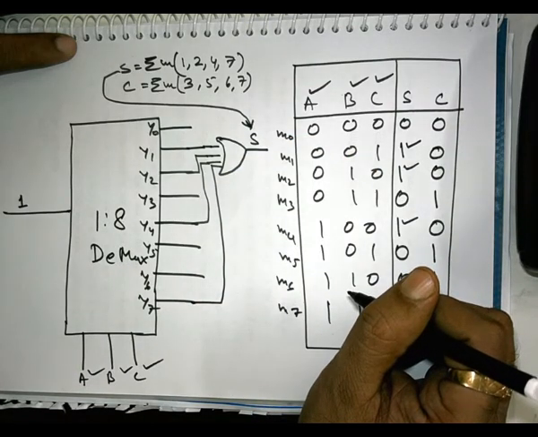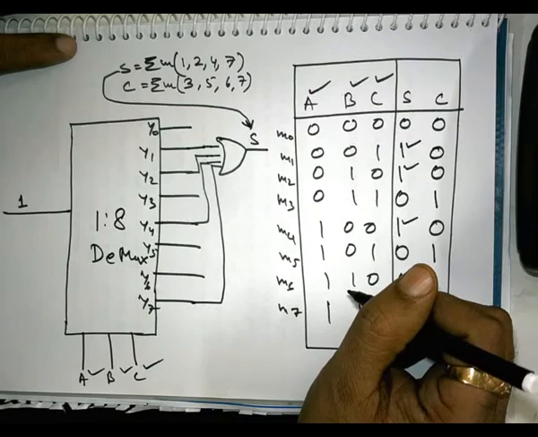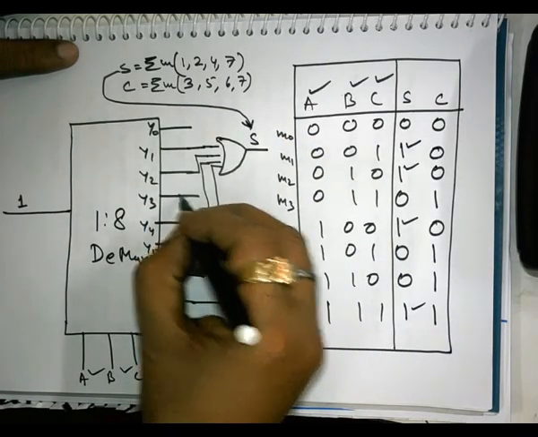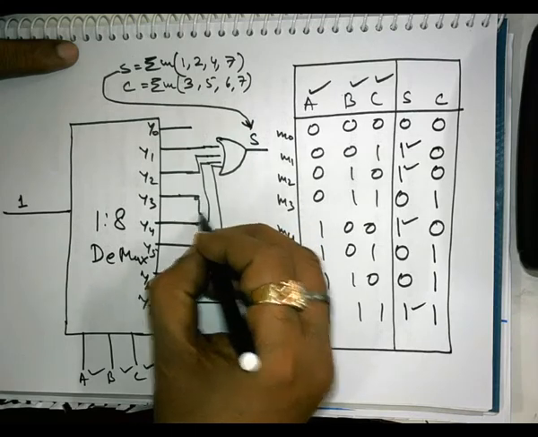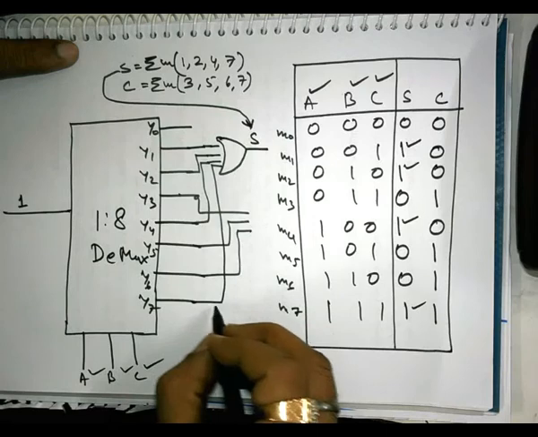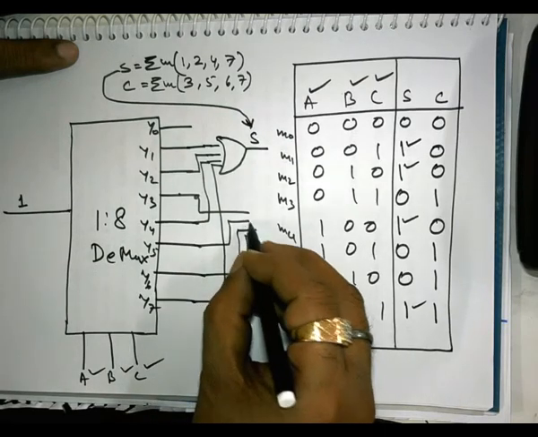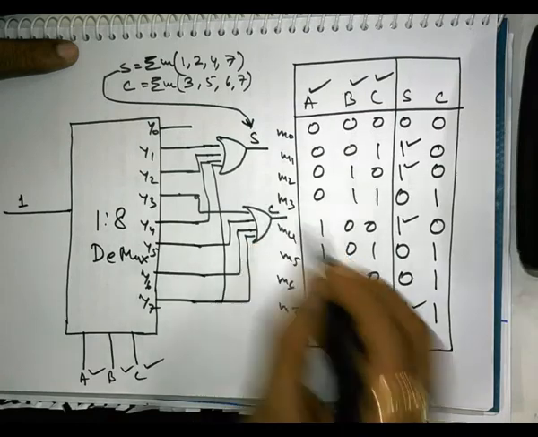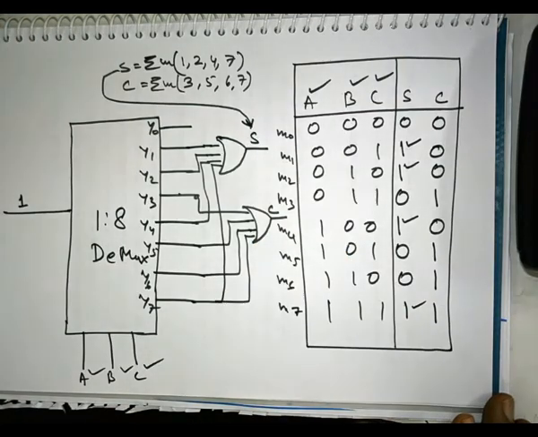Okay. Now for carry you have to pick up signal lines from 3, from 5, from 6 and from 7. So simply by this ingenious thought you can design a sum and carry output from DEMUX also. Okay. So this is also one of your tasks in your laboratory.